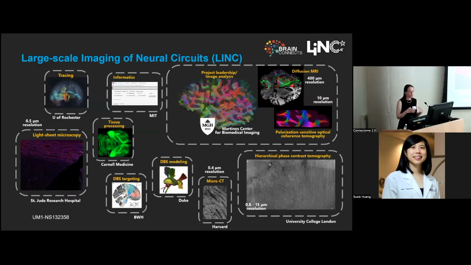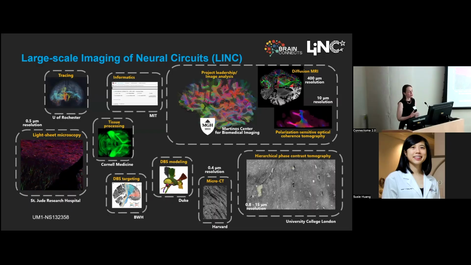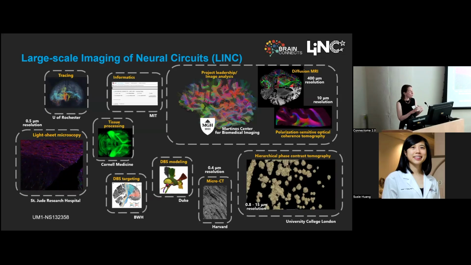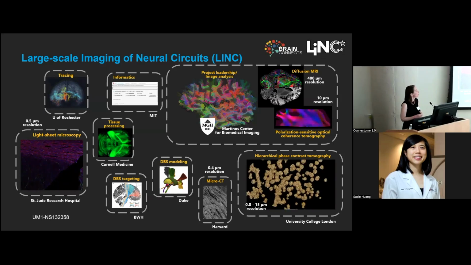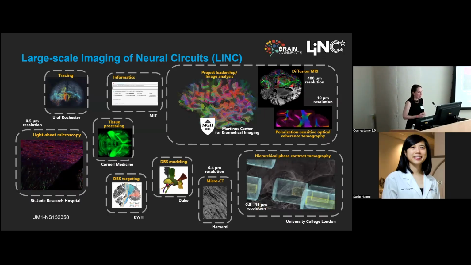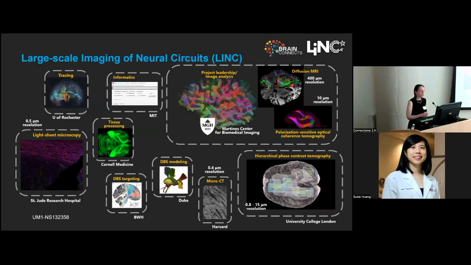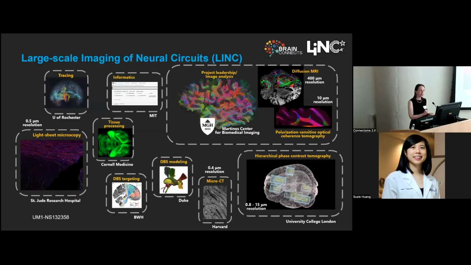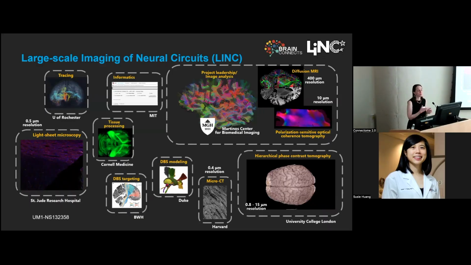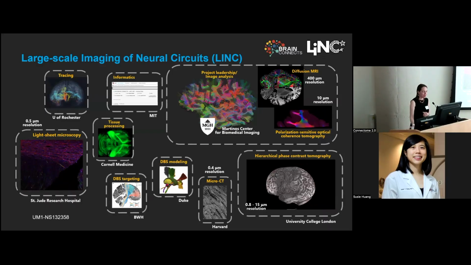In the human brain, we start with a diffusion MRI scan in the Connectome 2 scanner at 400 micron resolution, and then the same brains receive different kinds of optical and X-ray microscopy. So the ultimate goal is to have data that will allow us to train machine learning algorithms to perform more accurate inference of fiber architectures directly from diffusion MRI data.